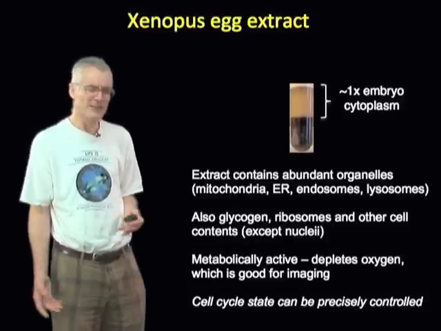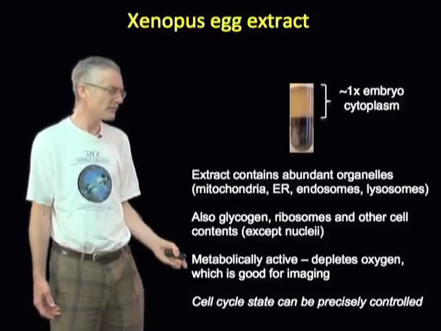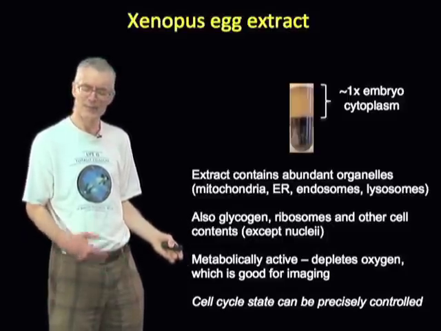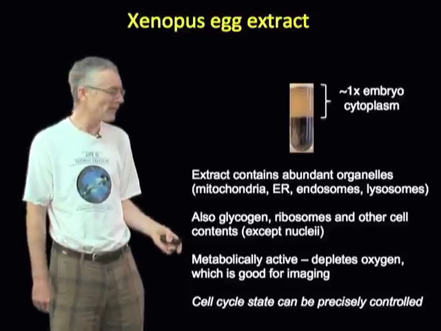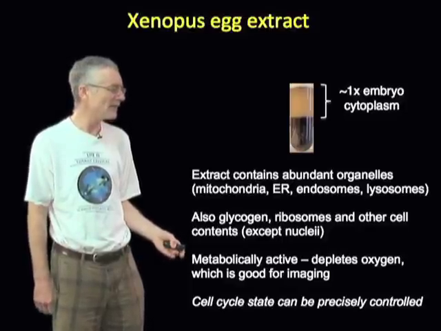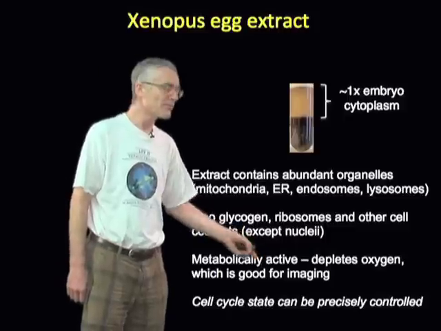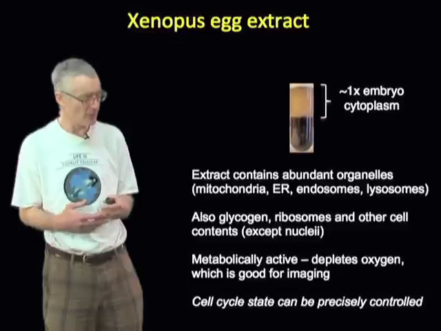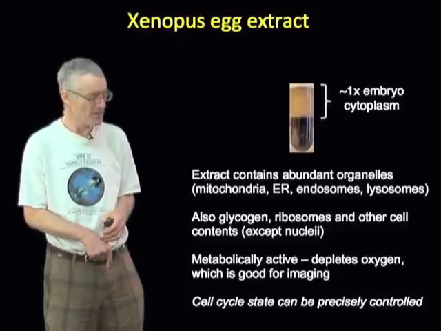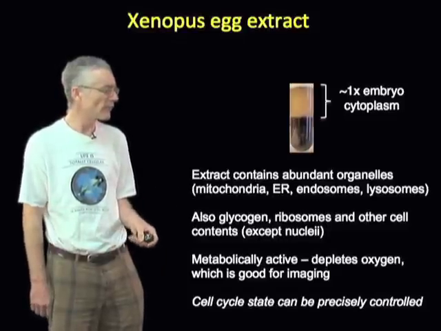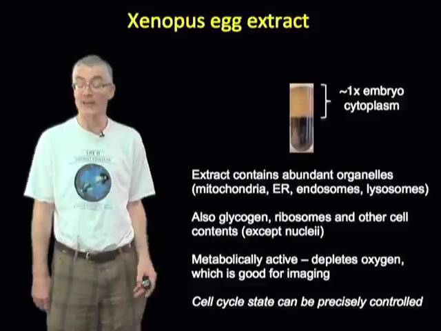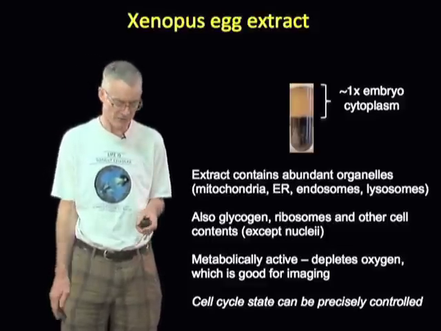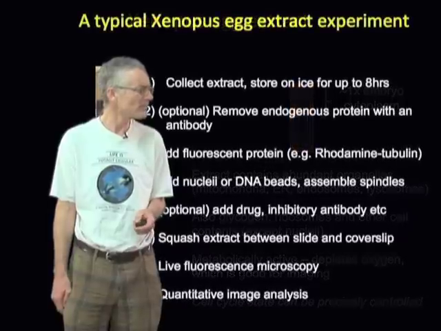Really everything in the cell except nuclei. It's metabolically active. It actually consumes about 1 millimolar of ATP a minute, which it remakes. And the mitochondria deplete oxygen, which turns out to be very good for fluorescence imaging because oxygen tends to bleach fluorochromes. And finally, the cell cycle state can be precisely controlled, which is essential for these experiments.